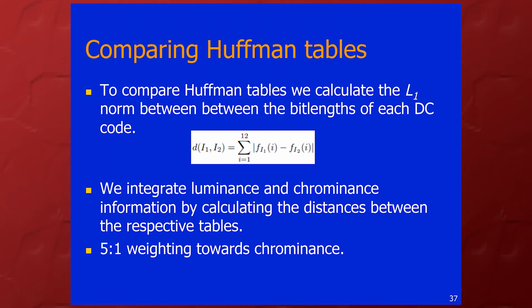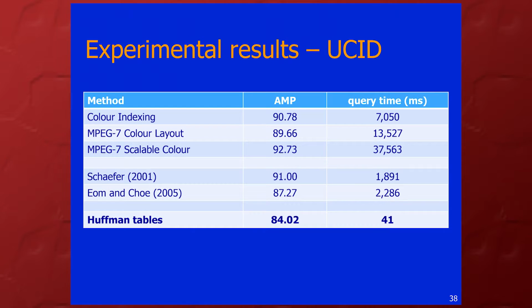So we can then see, based on that same kind of benchmark that I've shown you before, how well that works. Again, we've got some pixel domain techniques, and some compressed domain techniques, including the one that I've mentioned before, and now we can see Huffman tables, how well that works. So we see it gives us 84 compared to roughly 90 for the other ones. So it doesn't quite match the retrieval performance of the other techniques. That's maybe not so surprising because it's a very, very small amount of information that we're using here.